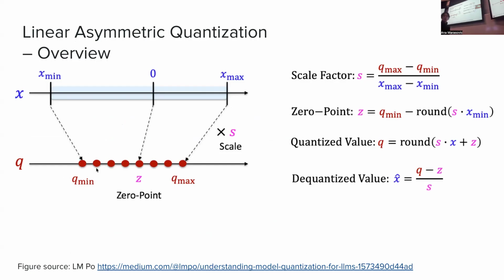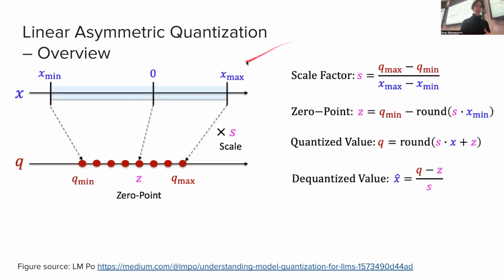As I said, our goal is to take some interval of numbers. If we have a weight matrix and we are quantizing the overall weight matrix, we would take the smallest and the largest value in that matrix, and that would determine the bounds of the interval we are trying to scale to this interval, let's say again, negative 127 to 128.